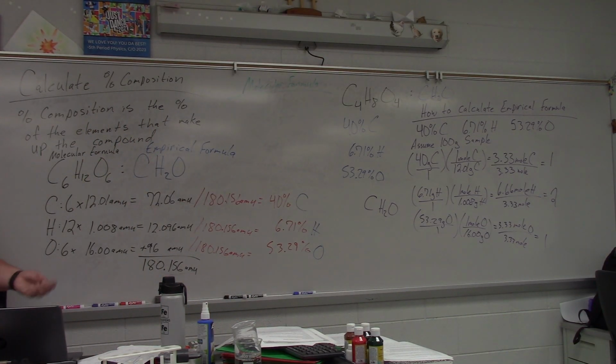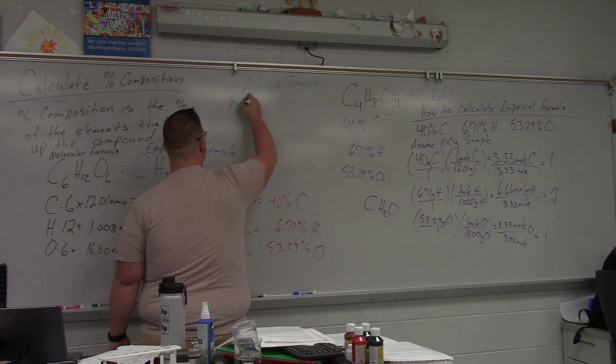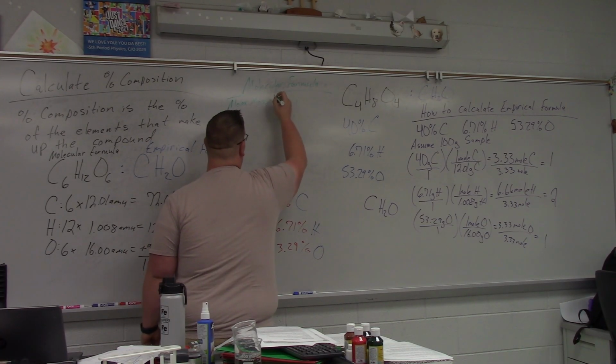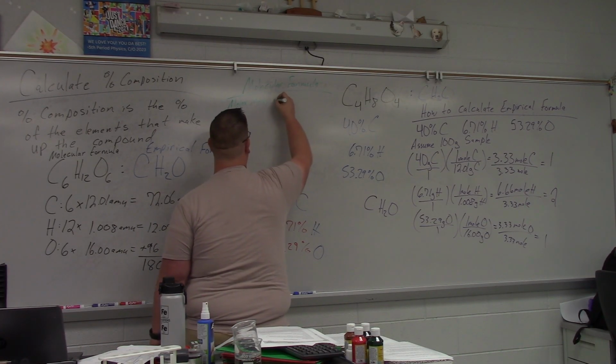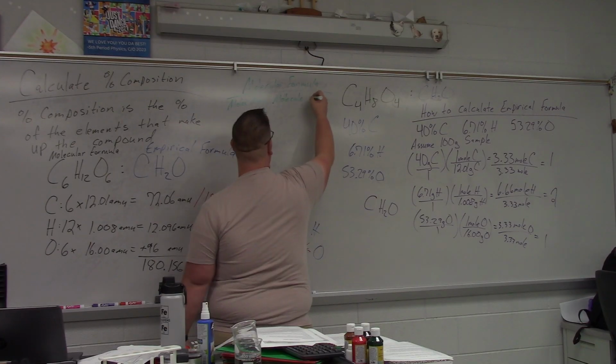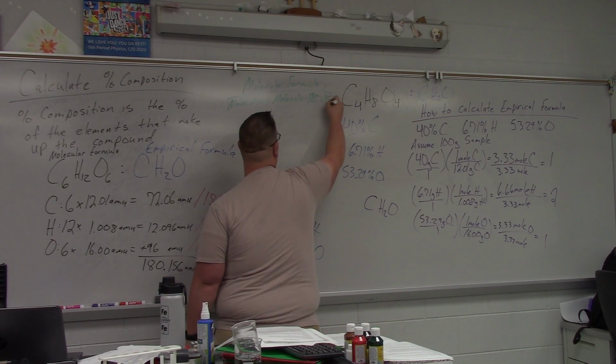So I will not give you the actual molecular formula. They won't give you the actual molecular formula. They will tell you the molar mass or molecular mass of the molecule is 180.156 AMU.